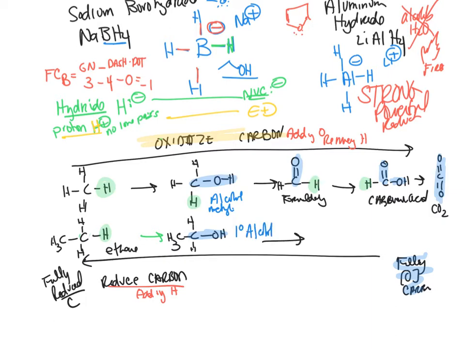And then if we have another hydrogen and we replace that with an oxygen, we have an aldehyde. And you see that we have another hydrogen. If we take that away and replace it with an oxygen, we're oxidizing it. Now we have a carboxylic acid.